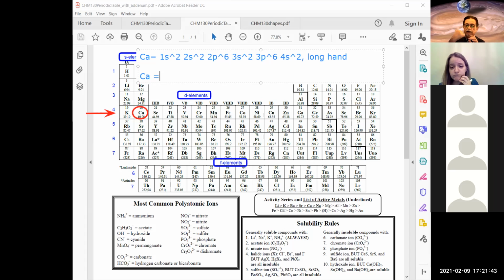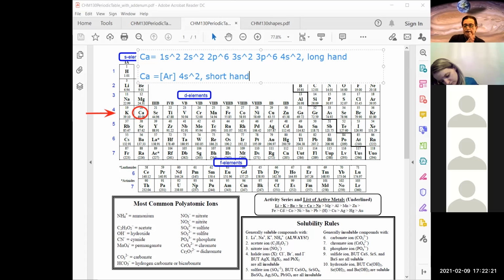We go back to number 18 and write the bracket Ar, the bracket, not the parentheses, but the bracket. That represents the first gas behind it, the noble gas in group 8, which is argon, number 18. And now we just put in the 4s2. This is the shorthand method of doing the electron configuration.